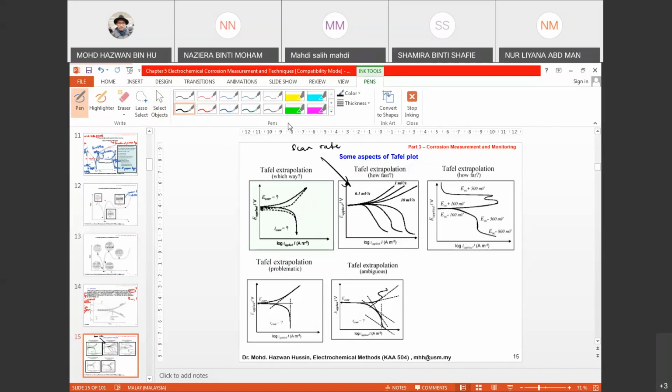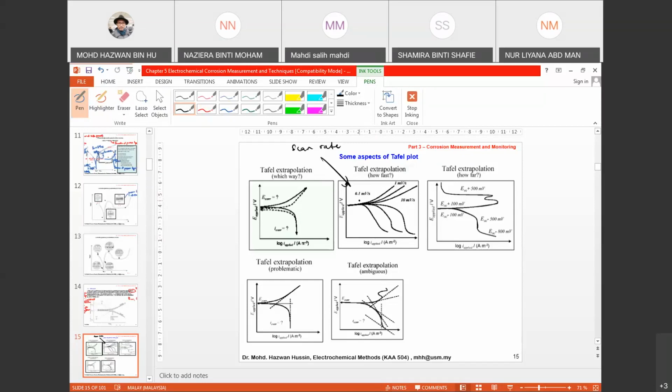If you have a higher scanning rate, it means the process is faster. For example, if you use 10 millivolts per second, it means 1 point will be recorded every 10 millivolts. If you use 0.1, it means 1 point will be measured for each 0.1 millivolt.